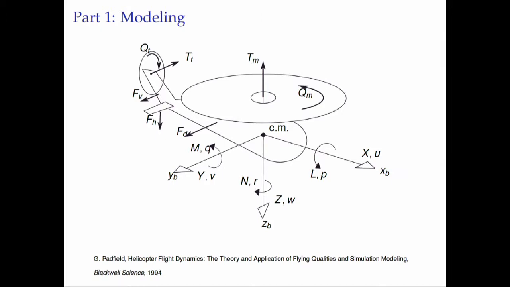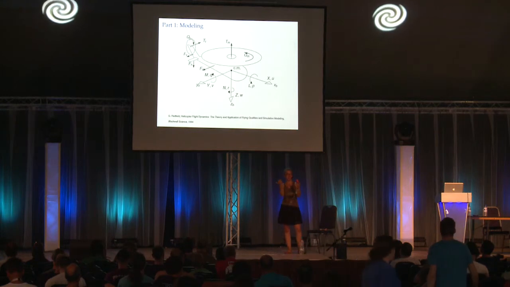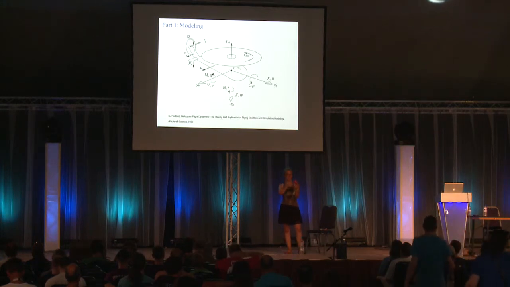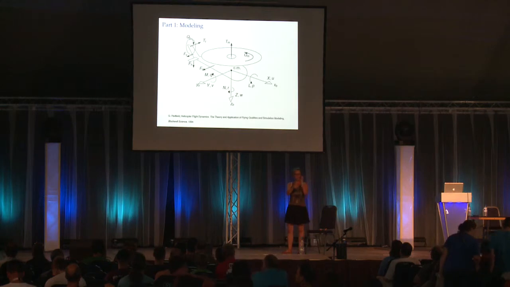So that's the body frame in X direction, Y direction, and Z direction. And so I have roll, pitch, and yaw motion. And of course, velocities, translational velocities and angular velocities in these directions.